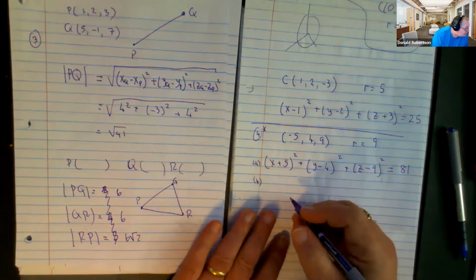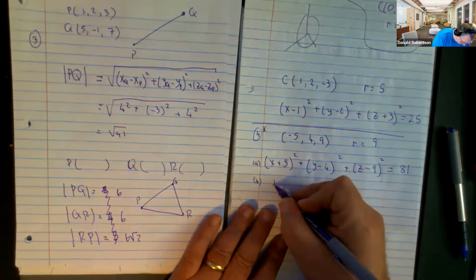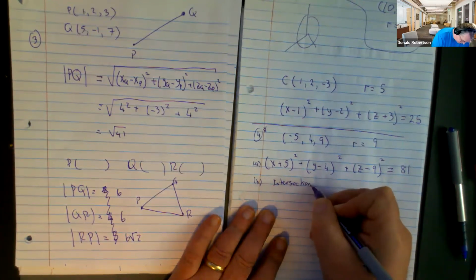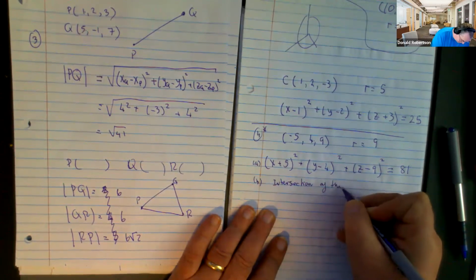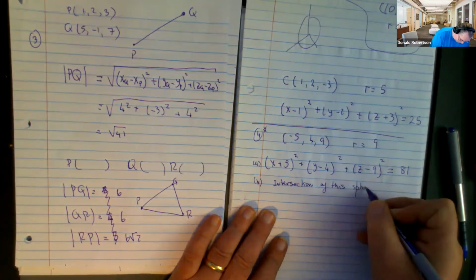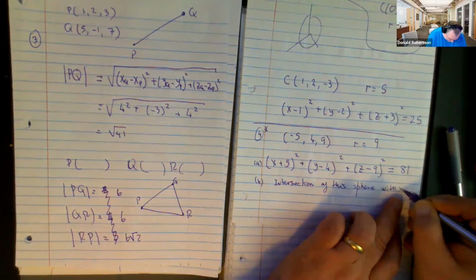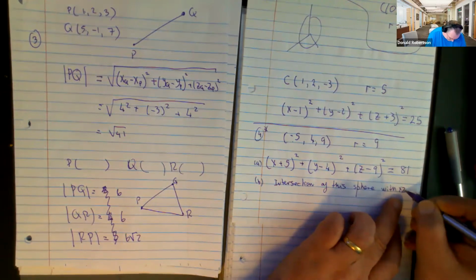Question B says, what is the intersection of this sphere with what they call the XZ plane?